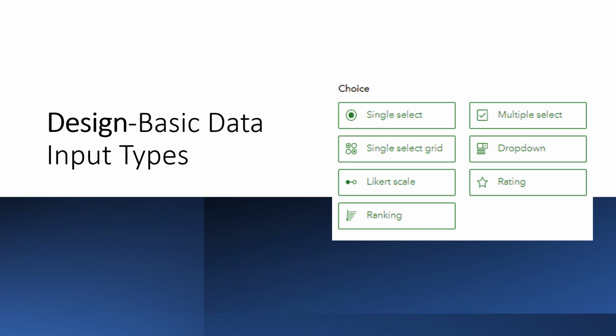The next choice type is multiple select, which once again you'll design the options and the user will be able to select options, but this time they can select multiples. You can allow other as an option for this as well, and the student or the user can type in something different than what is listed. This input type would be useful when more than one thing is true at the same time.